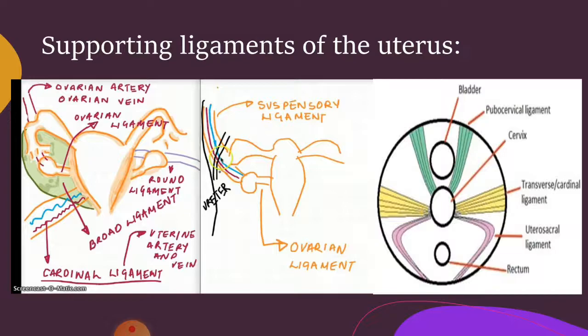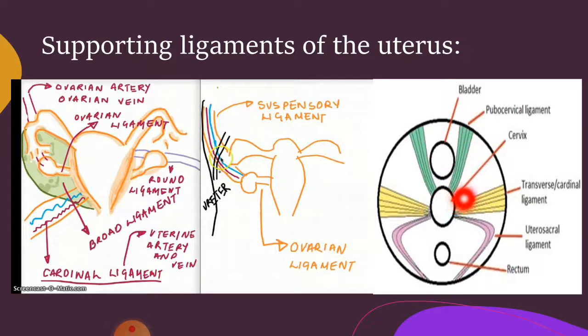Lastly, we will talk about the pubocervical fascia. And this will extend from the transverse cervical ligament on each side of the bladder, and it will be attaching to the posterior surface of the pubic bone.